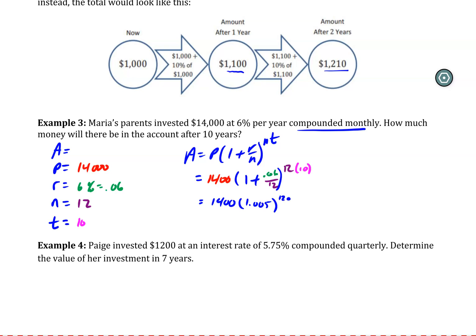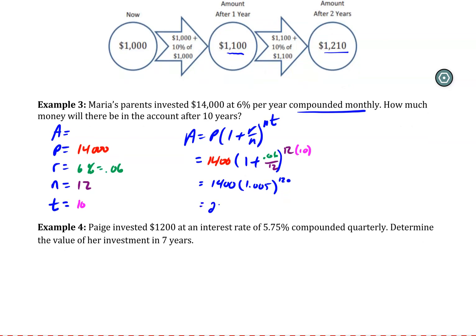Now I'm taking this number. Here you've got to be careful. Again, follow your PEMDAS rules. I have multiplication and an exponent, so do the exponent part first. So 1.005 raised to the 120, and then we're going to multiply that answer by 1,400. And when I do that, I get a value of 2547, and since it's money, we're going to round to the nearest cent.